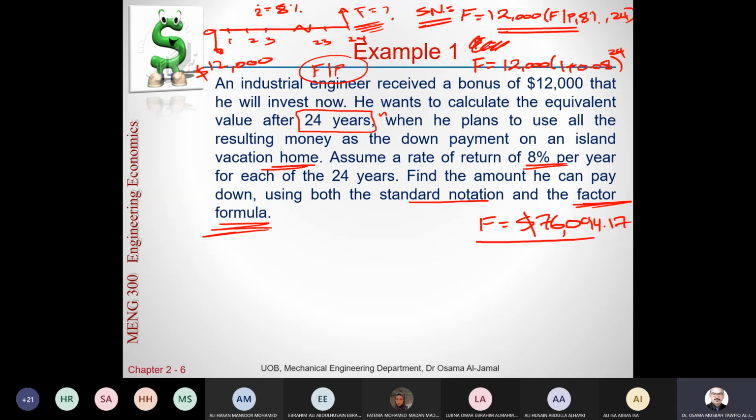Now below, there is PMT. What is that PMT? Annuity. We don't have any annuity here. What we need is to find the future value, FV. To solve, in the first row, to the right, press the blue button, Solve.